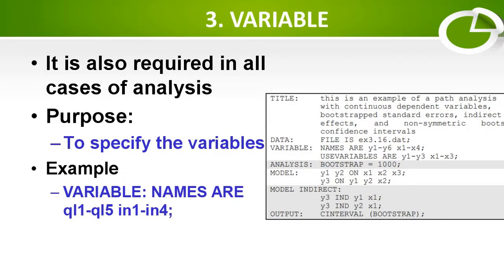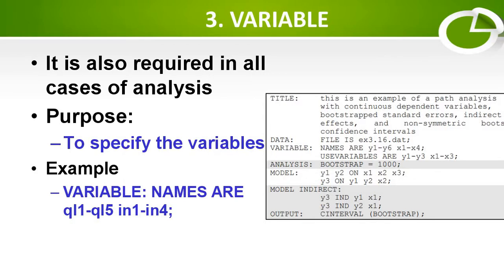Third one is variable. The basic purpose of this command is to specify the list of variables included in your dataset. And how do we mention it? We simply type variable, colon, and names are here. Provide a list of all variables.